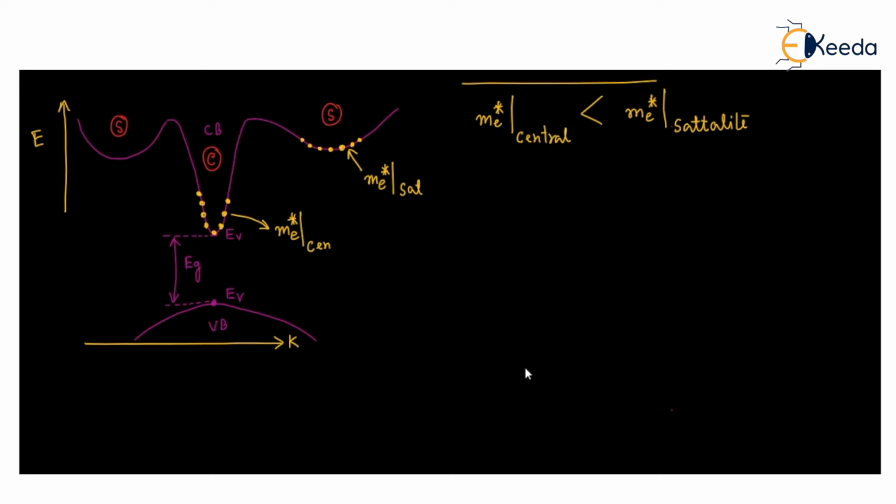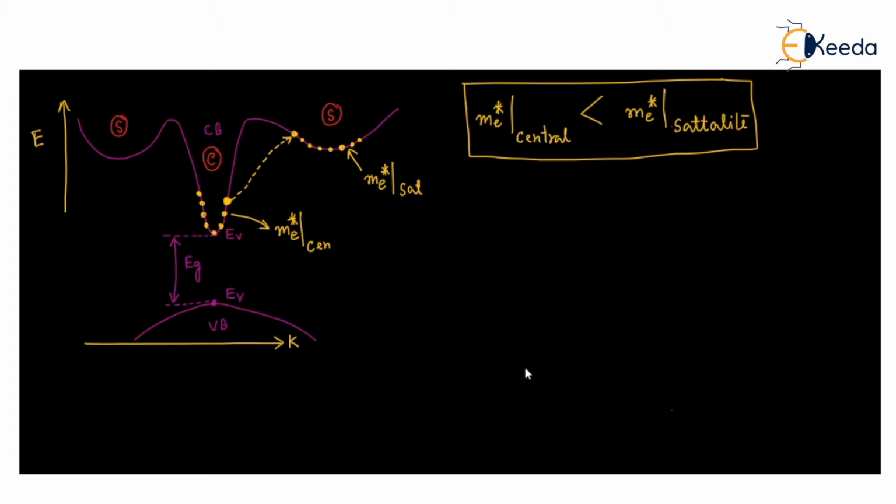So the mass is increasing for the electrons at different places. Now suppose an electron goes from the central valley to the satellite valley. When it was in the central valley, its mass was very low. But when it goes into the satellite valley, its effective mass will increase.